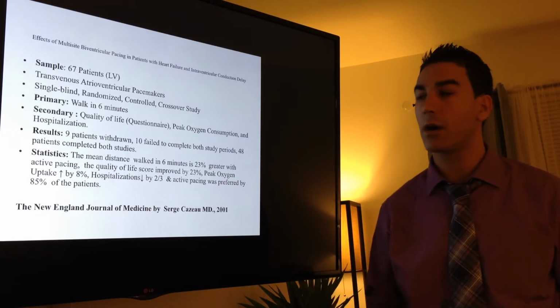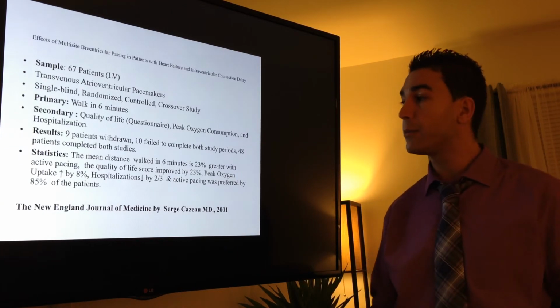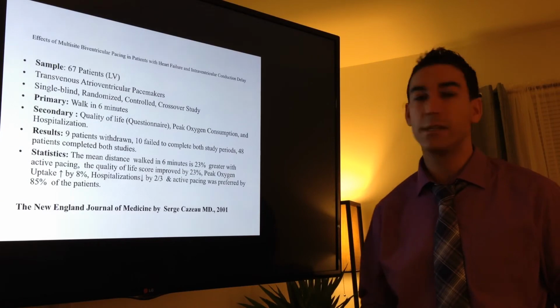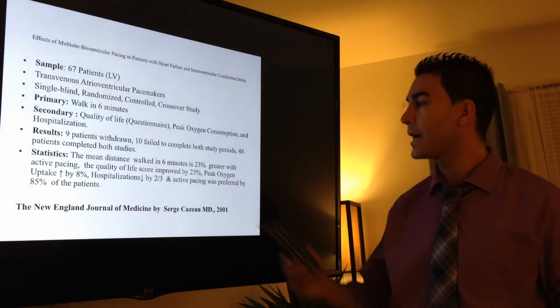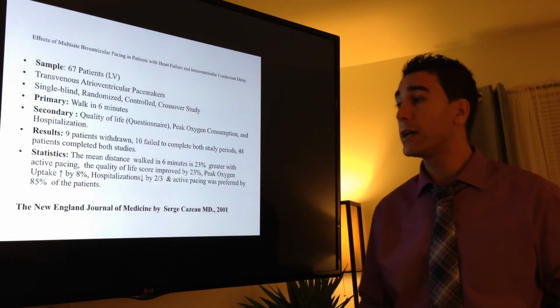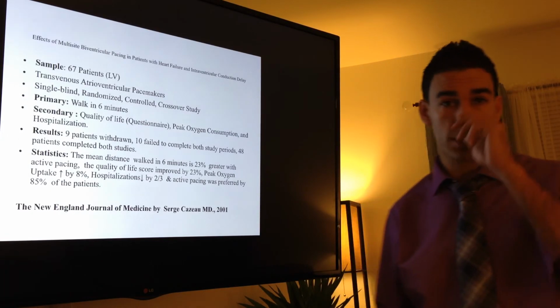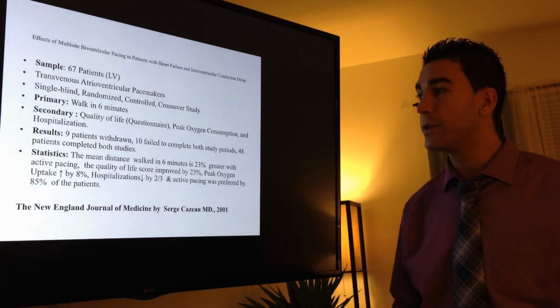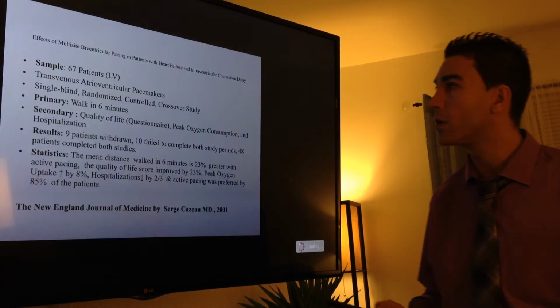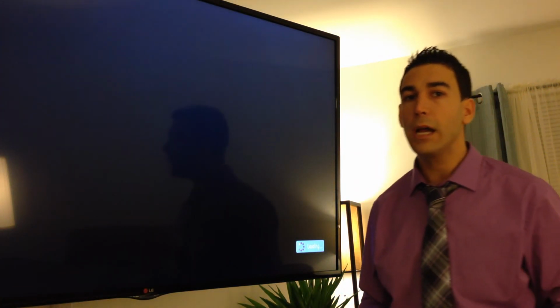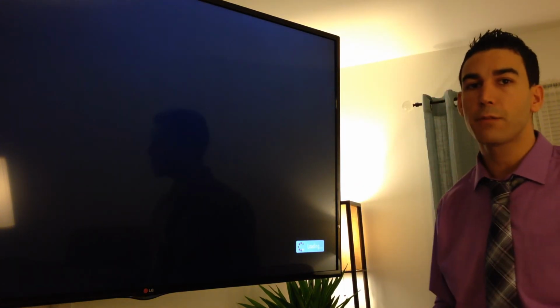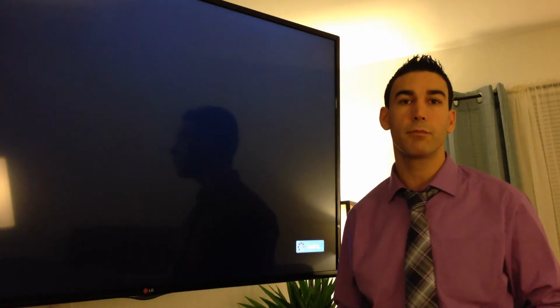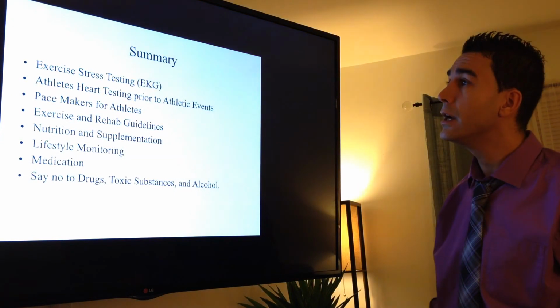Peak oxygen uptake improved by 8%. Hospitalization was decreased by 2/3. Active pacing was preferred by 85% of the patients, which is a high number for using a pacemaker. So as you see, the rehabilitation part is very important in recovering properly for the athlete's heart.